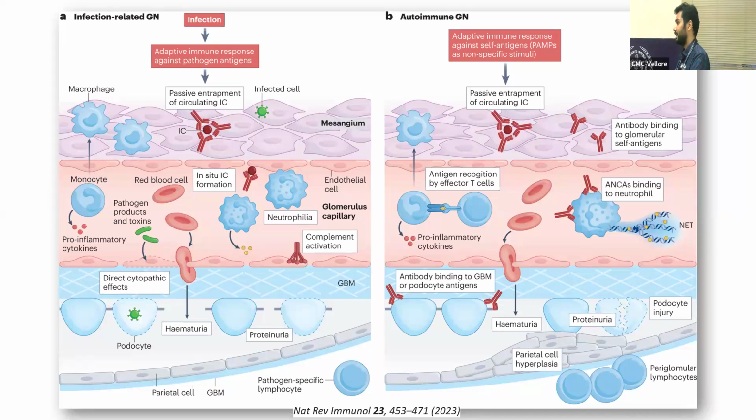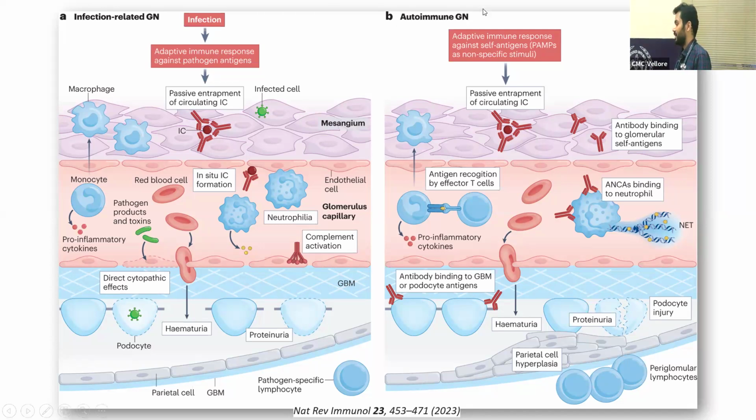The second thing is molecular mimicry, also possible in IRGN. In post-streptococcal glomerulonephritis, some antibacterial proteins can mimic glomerular proteins. So when antibodies are produced against those bacterial antigens, they can affect the self renal antigens also, producing inflammation in the kidneys.